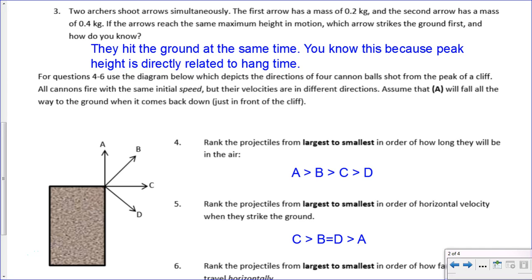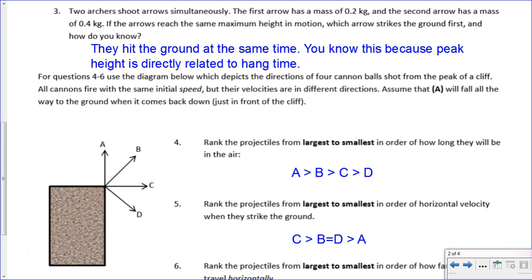So it doesn't matter that one of the arrows is 0.2 kilograms and the other one is 0.4 kilograms, because mass does not affect the projectile motion of an object. All objects experience the same acceleration regardless of mass. The key to this question is actually that they say that they reach the same maximum height. If they reach the same maximum height, that means that they have the same hang time, or the same amount of time in the air.